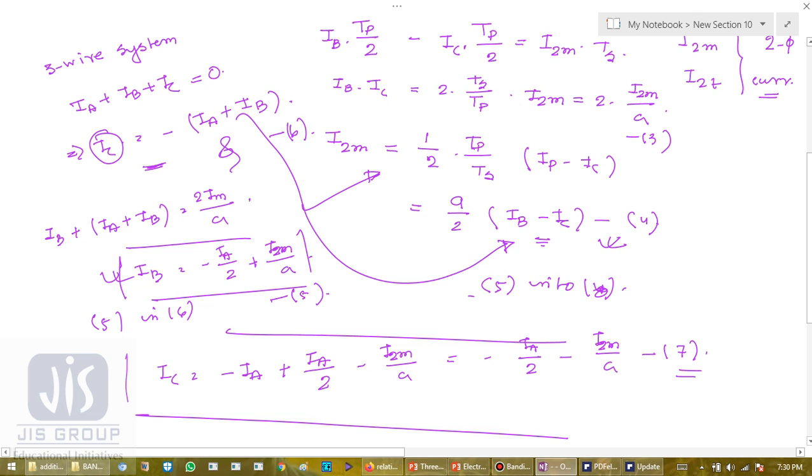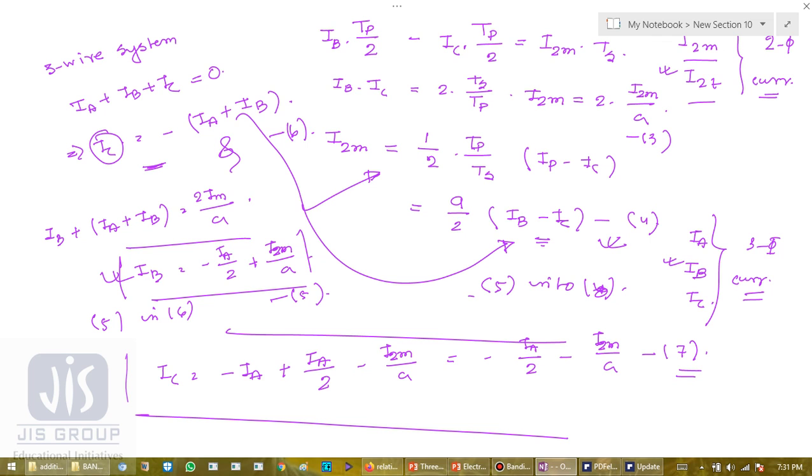So from here we will get the value of IA, IB, IC for 3-phase current, when these two values are known, I2M and I2T. So when 3-phase current is known, this will give the value of 2-phase current. When 2-phase current are known, we will get 3-phase current. And these equations are valid for both balanced as well as unbalanced load.